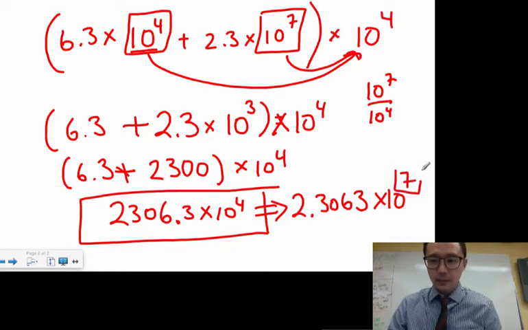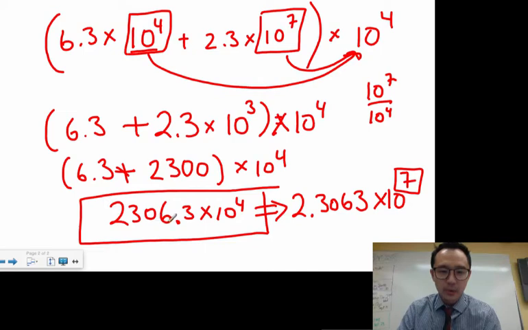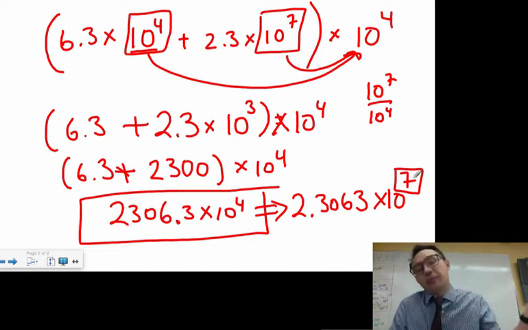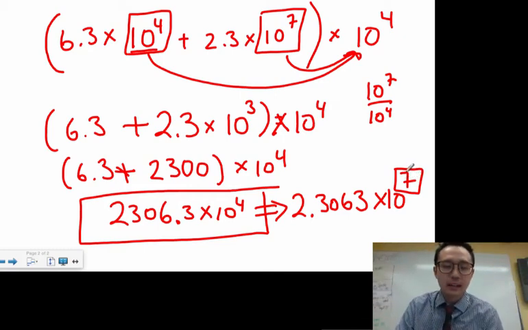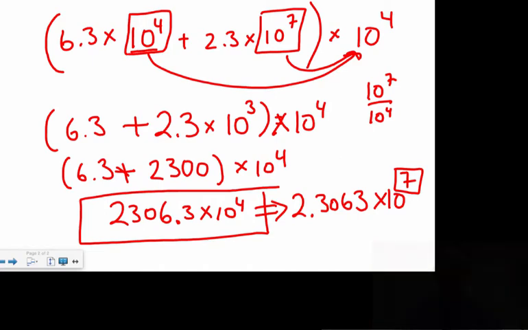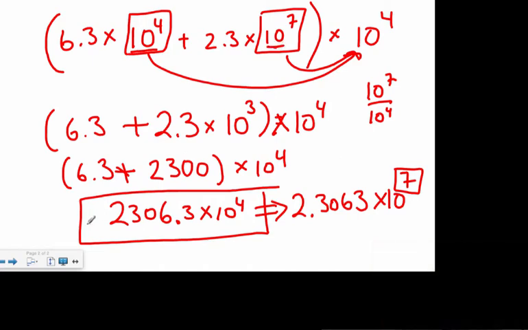How come we change this to the 7? Because we move this decimal place 3 times to the left. By moving it 3 times to the left, we made the exponent larger, because then we have to move more back to the right side. That's the little bit tricky part that you have to wrap your head around, but give this a try. And when we're doing subtraction, it's essentially the same thing. Don't forget to do the factoring first.